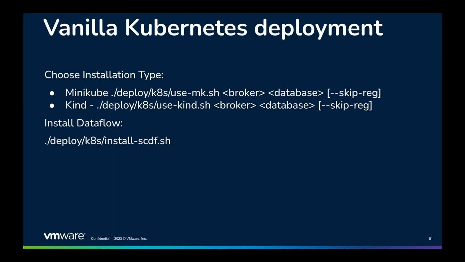But it's literally this easy. We need to run a script that allows us to decide what we want to do. So we have a script that says, I'm using Minikube with Docker, or I'm using Minikube with VirtualBox, or Minikube with VMware.